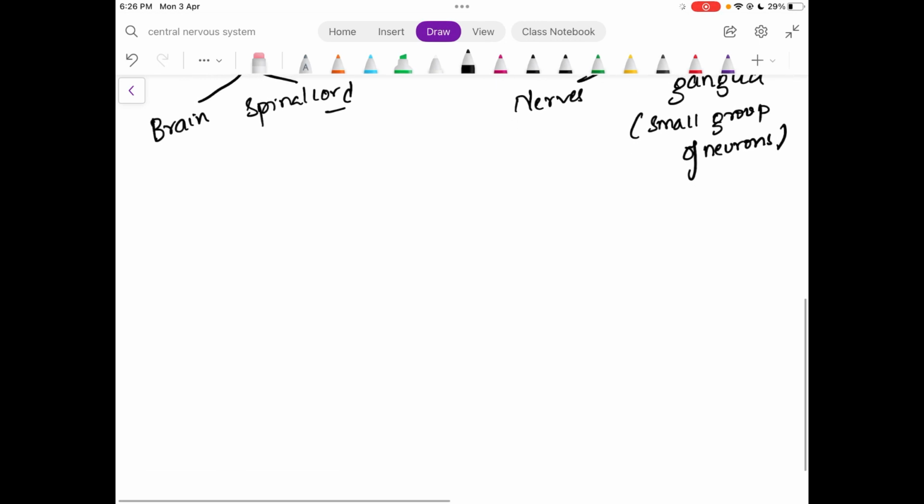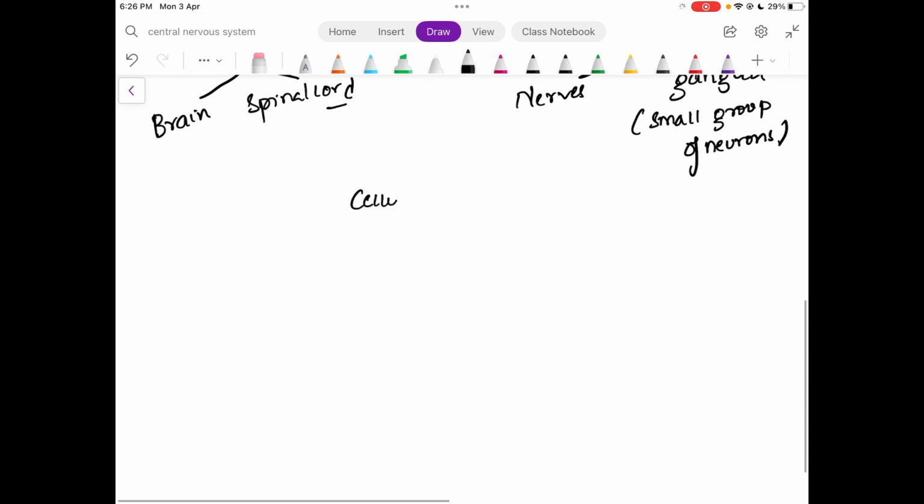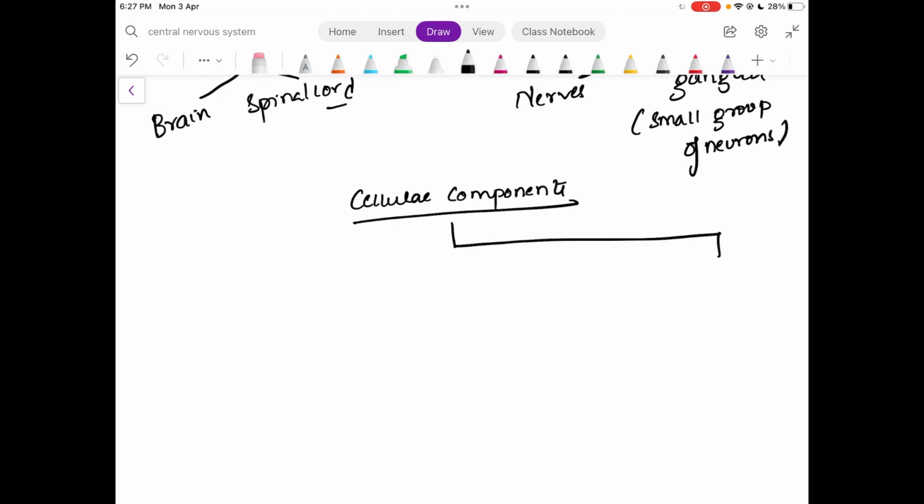Let us know the cellular components of the nervous system. The nervous system is made up of cells, connective tissue, and blood vessels.